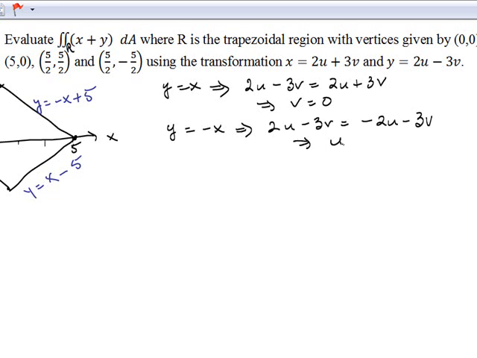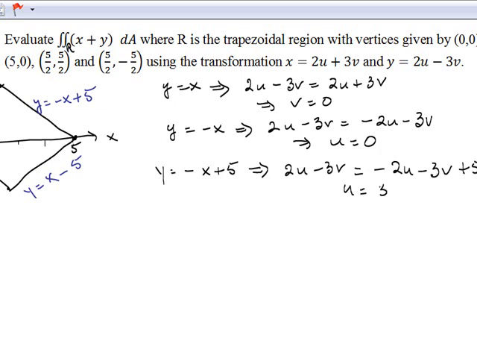We end up with u equals 0. y equals minus x plus 5 gives us 2u minus 3v equals minus 2u minus 3v plus 5. We end up here with u equals 5 over 4. And then y equals x minus 5 gives me 2u minus 3v equals 2u plus 3v minus 5. We get v equals 5 sixths.